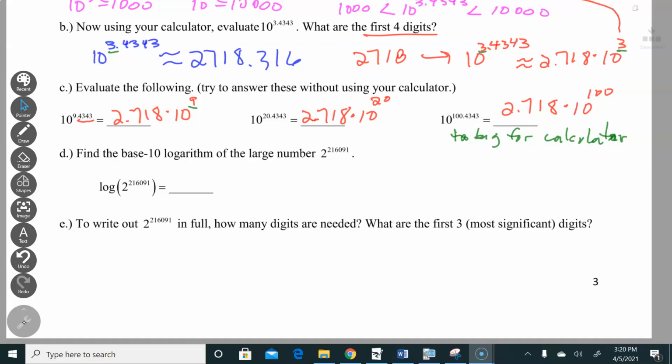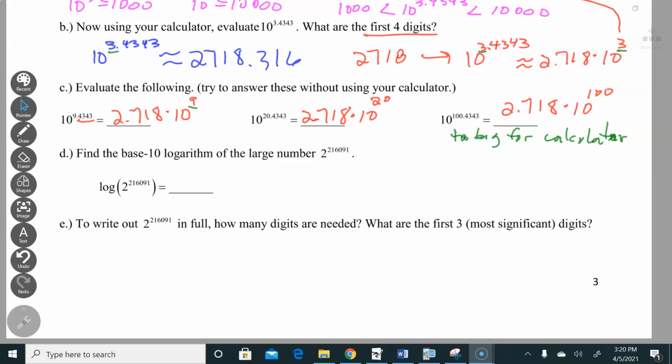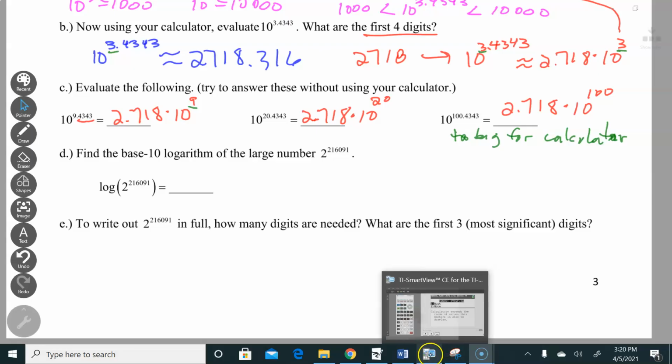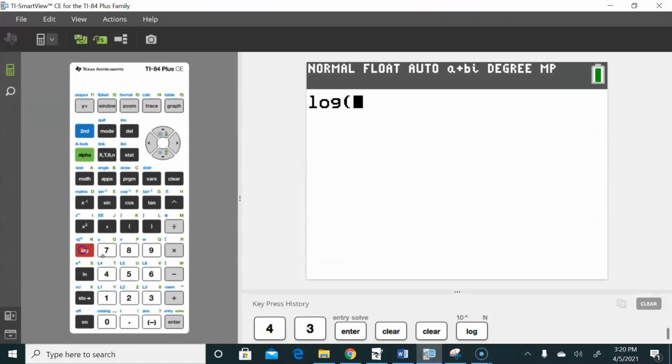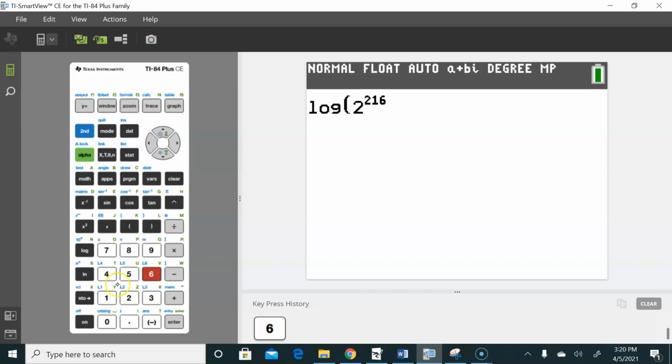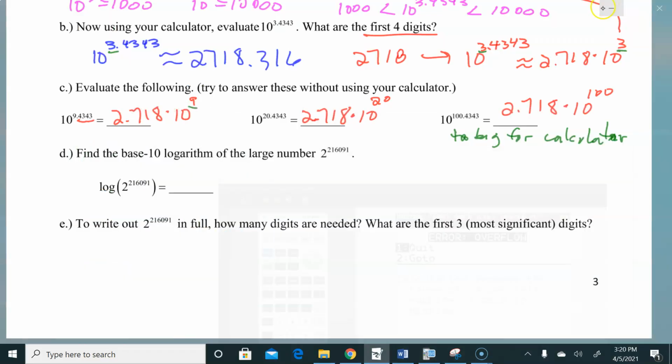The significant part of this problem was every single time I had a 0.4343. That's what gave that 2.718. So for this one, I'm going to type this in the calculator. Log of 2 raised to the 216,091. I get that overflow error again because it's too big. It's way too big for the calculator.